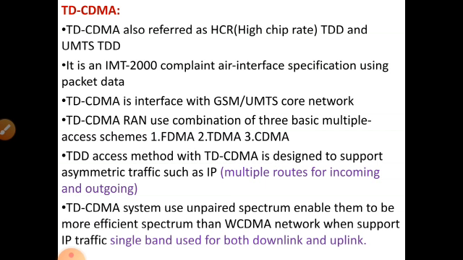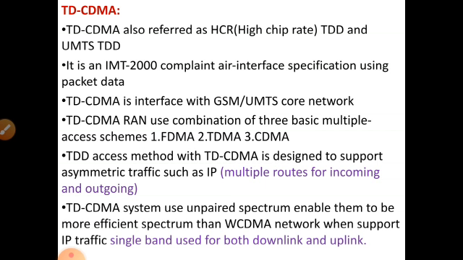What is the meaning of asymmetric traffic? It uses multiple routes for the incoming as well as the outgoing network. When we go for symmetric traffic, a single route is used for the incoming data or outgoing data. But for asymmetric traffic, multiple routes are used for the incoming process as well as the outgoing process.